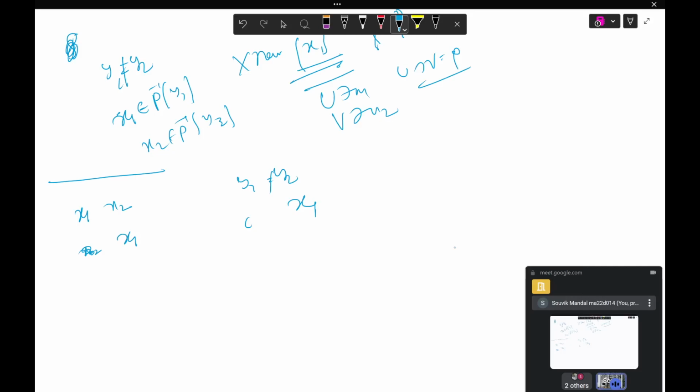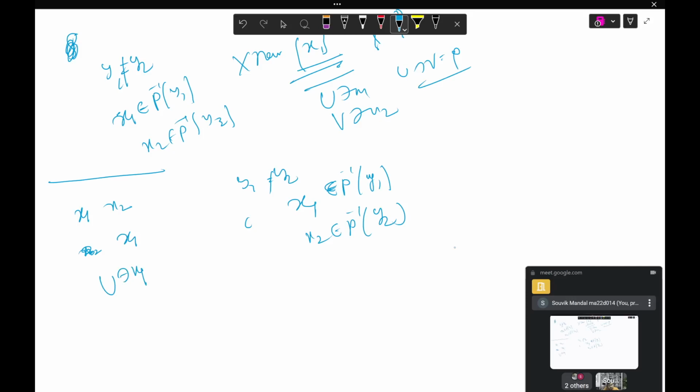First of all, it is given to be surjective only, not injective. So its inverse image may contain more than one element, right? So you can only take one element from P inverse y1. Then using the normality of X, there exists an open set containing x1.